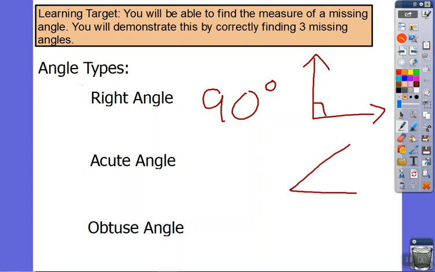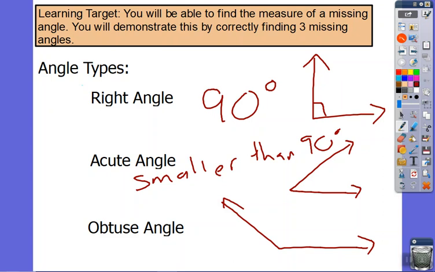They are smaller than 90 degrees. I like to think of them as the cute little angles. And then obtuse angles are bigger than 90. So anything over 90, even 91 degrees would be considered obtuse, all the way up to 120, 130.